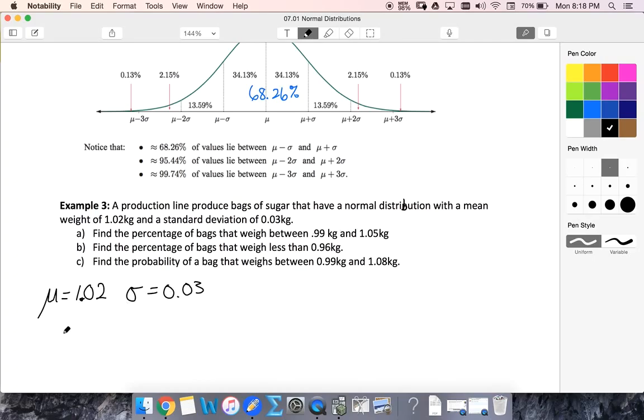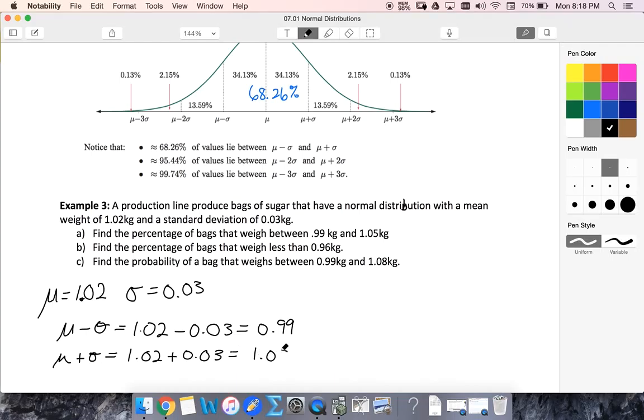Well, I can see that if I take my mean and subtract my standard deviation, 1.02 minus 0.03, that's 0.99. If I take my mean and add my standard deviation, I get 1.05.